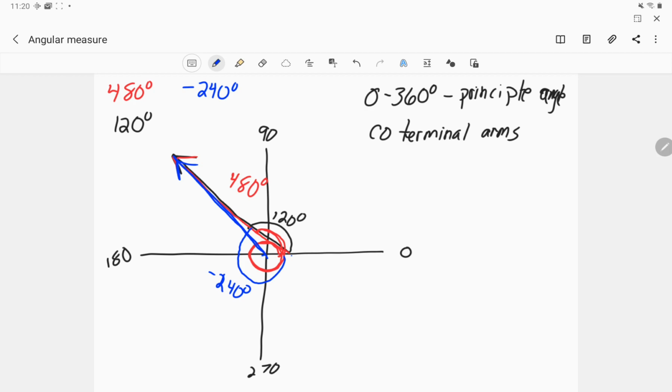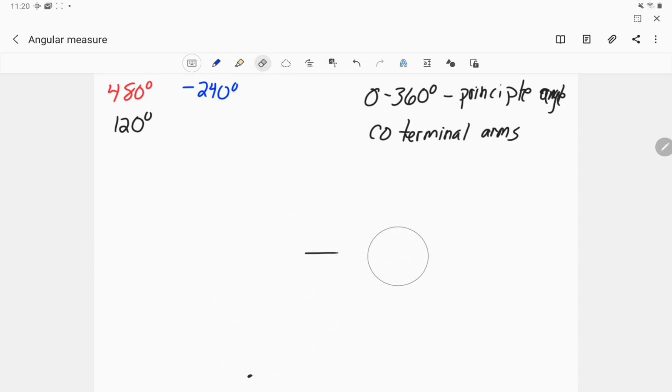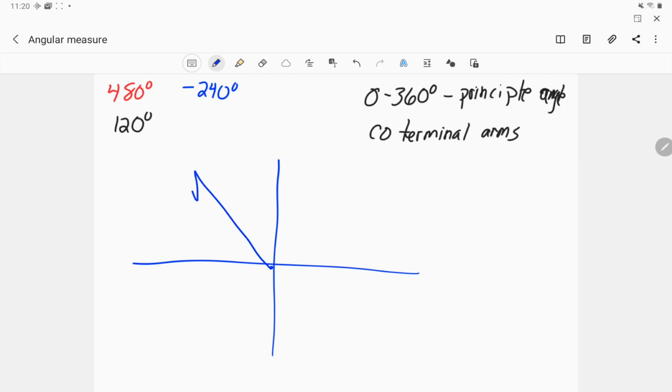Okay? So they're all in the same place. And by the way, when I was drawing that, I should have been drawing my terminal arms from the origin, all from 0 and 0 out. I screwed that up. I'm sorry.